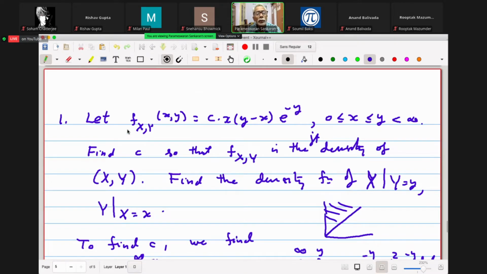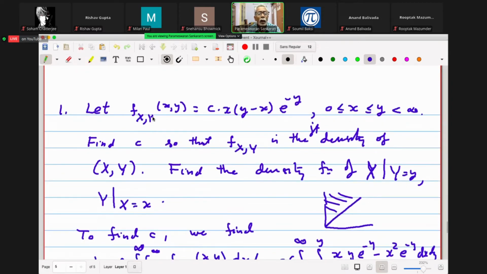So we need to compute the density function. Okay, so first of all, we should compute f_Y.